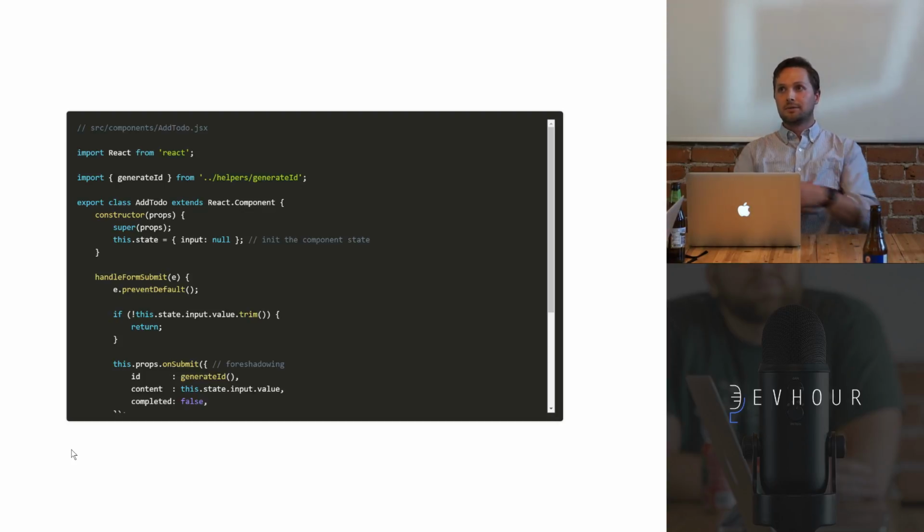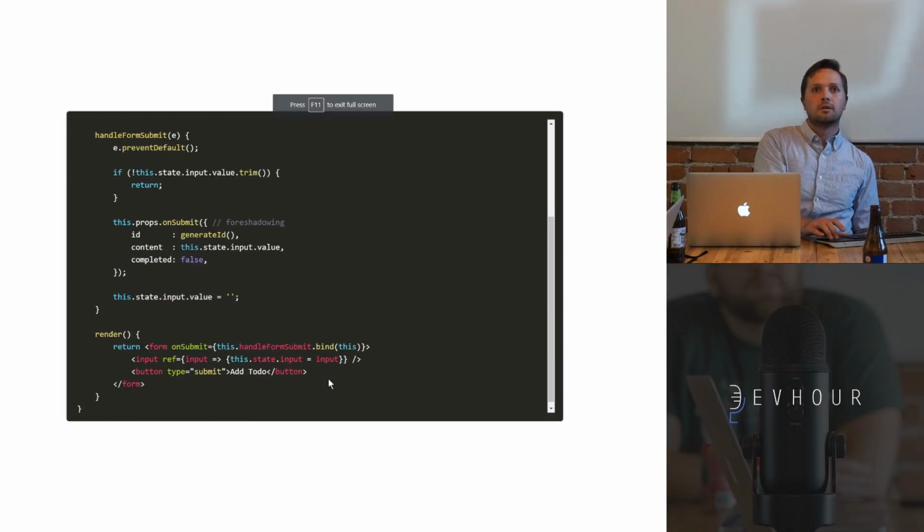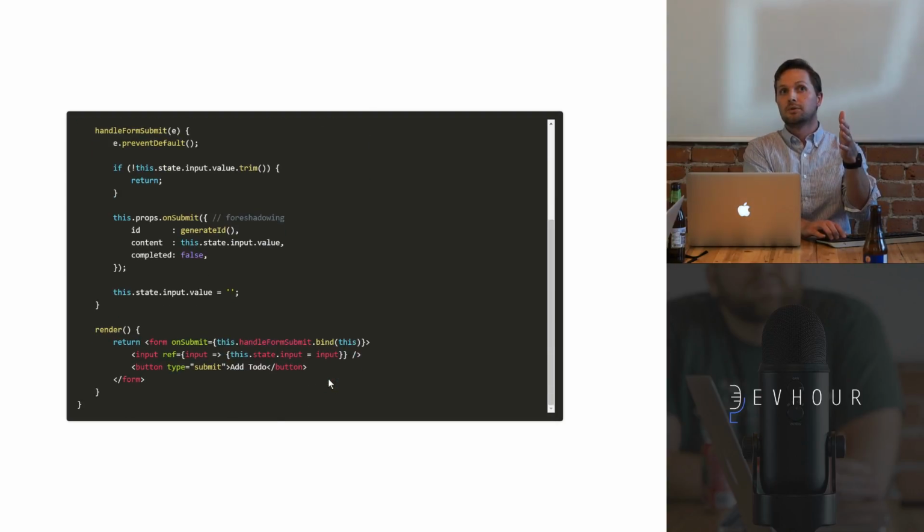This is essentially what we just looked at a few minutes ago, where we have a component which has some internal state to it, which is going to be responsible for taking the value of an input and checking to see if that value first is empty, and then if it is not empty, we're going to do some sort of action.